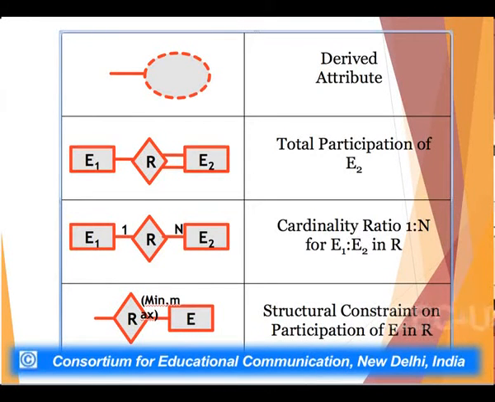Cardinality ratio is 1 to n for E1 to E2 in relationship R. The other representation could be a min-max representation which shows the structural constraint on participation of E in R. That is, how many records, minimum and maximum, from the entity E can participate in the relationship R.